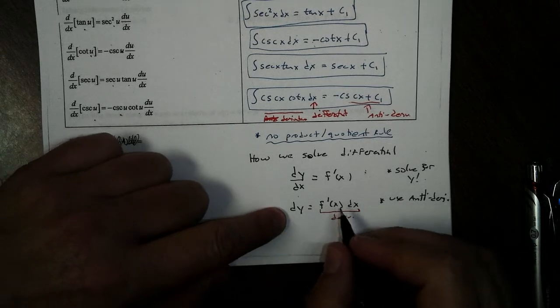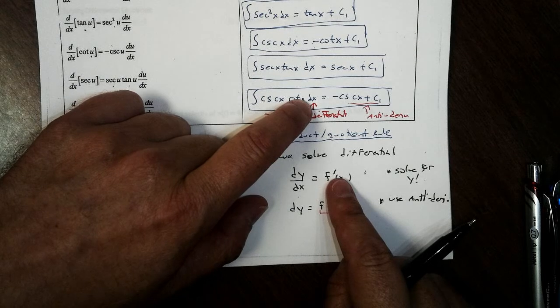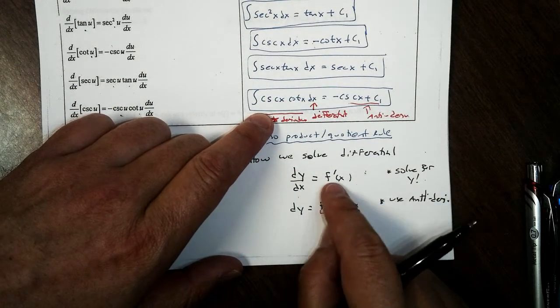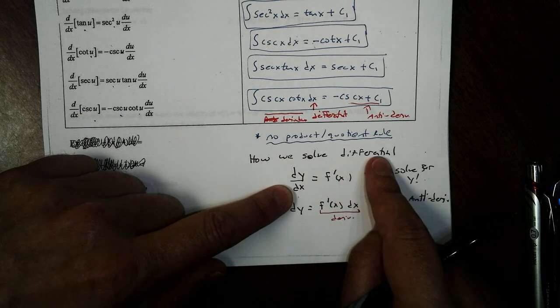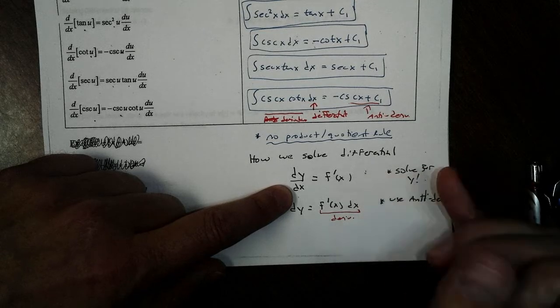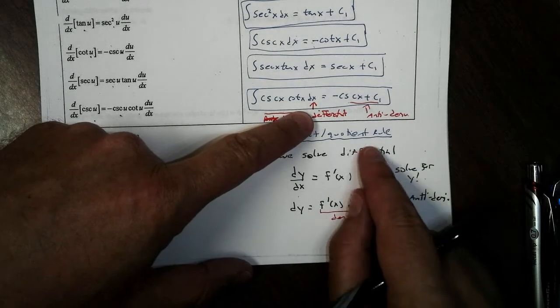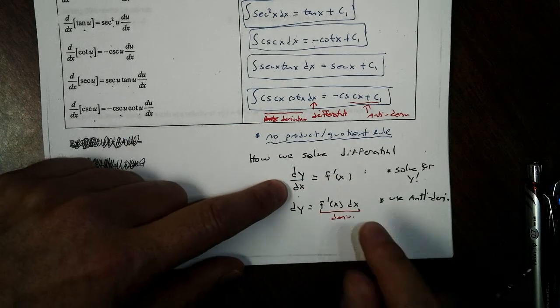But before I begin that, what I want to point out is, remember this differential, that dx. Well, this is where it comes from. This dx comes from when we're trying to solve for the original function. When we solve a differential, a derivative, we're looking for that original function. This is like going from velocity to position. So that dx comes from our derivative, dy dx, and you see it right there.